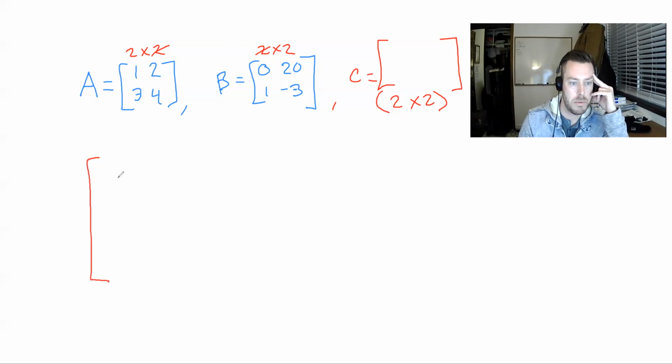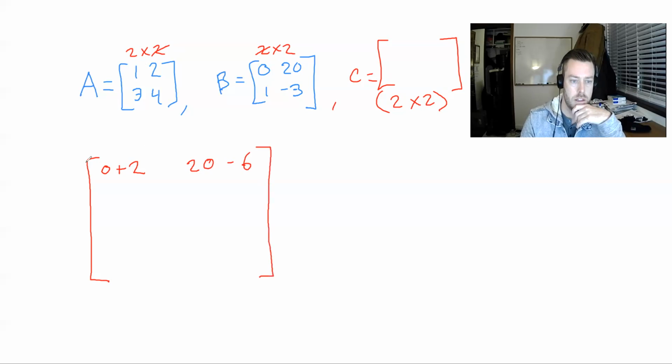This will be brand new matrix C. So you're going to have 1 times 0 is 0 plus 2 times 1, which is 2. Okay. You're going to go across again, right? 1 times 20 is 20. You're going to go across until you reach all the elements in your B matrix. 2 times -3, -6.